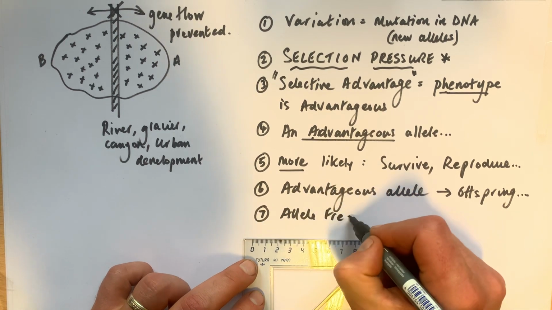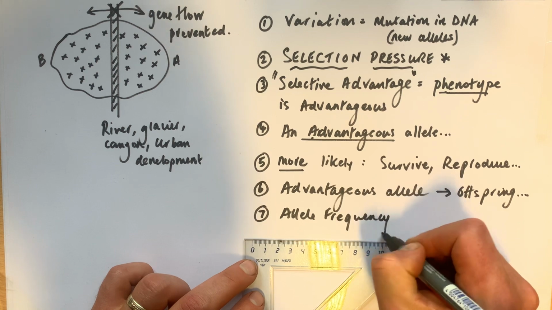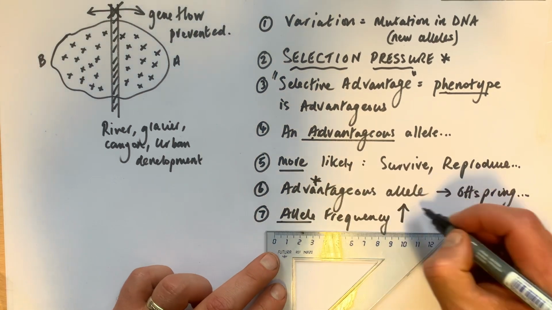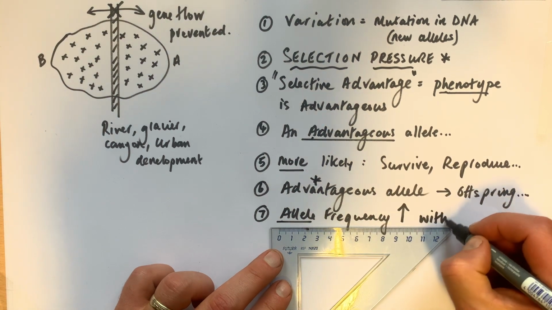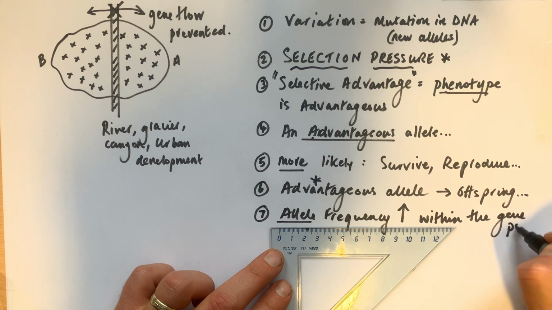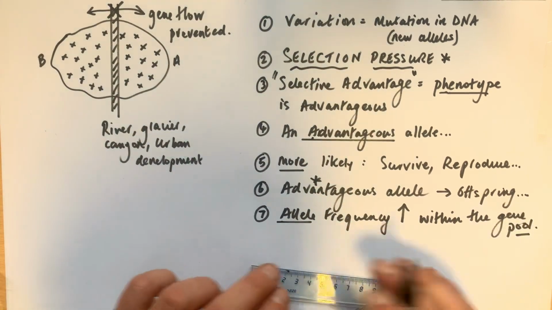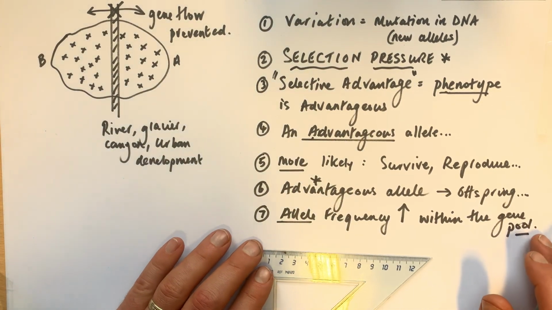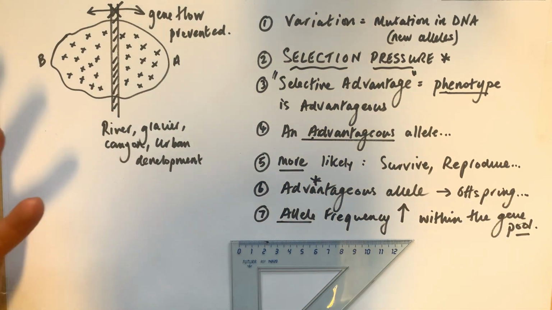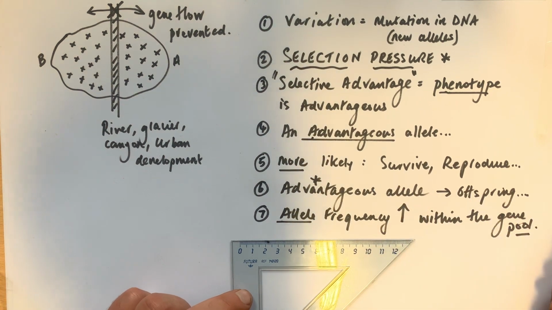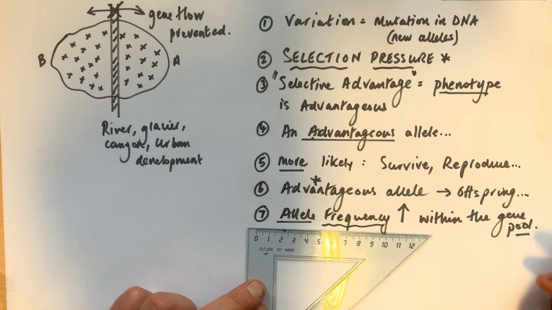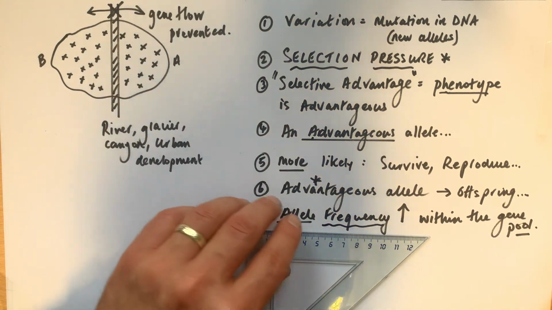So you must mention this when you talk about natural selection, of the advantageous allele, so of this allele here, is going to increase within the gene pool. That means there's going to be more individuals with that advantageous allele, and if they've got that advantageous allele, especially if it was like a dominant allele, for example, it would give the advantageous phenotype. So the allele frequency increases within the gene pool over many generations over time.